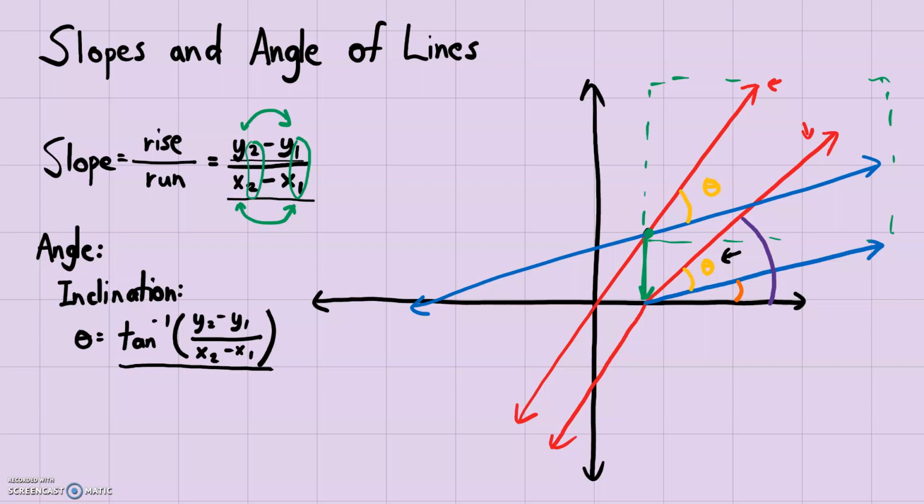So to find the angle between the 2 lines, you can just find the inclination angle of the two lines and take the difference. So this would be the angle between two lines.